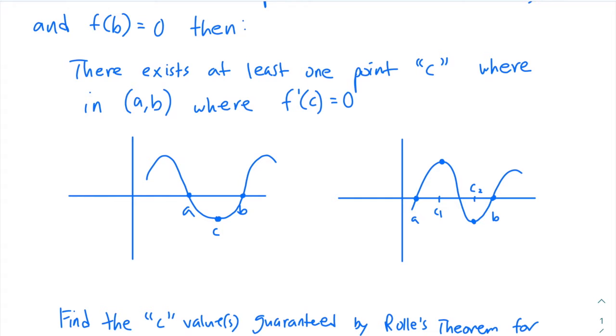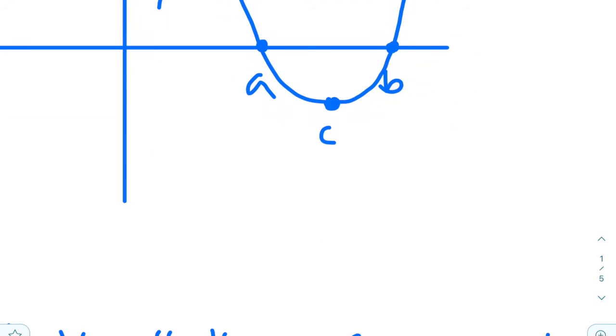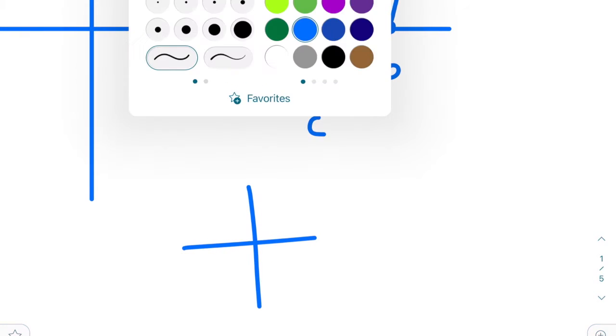The c value, even though in this graph there was only one, is not limited to one. There could be many c values. In fact, there could be infinite c values. Let's change the color.